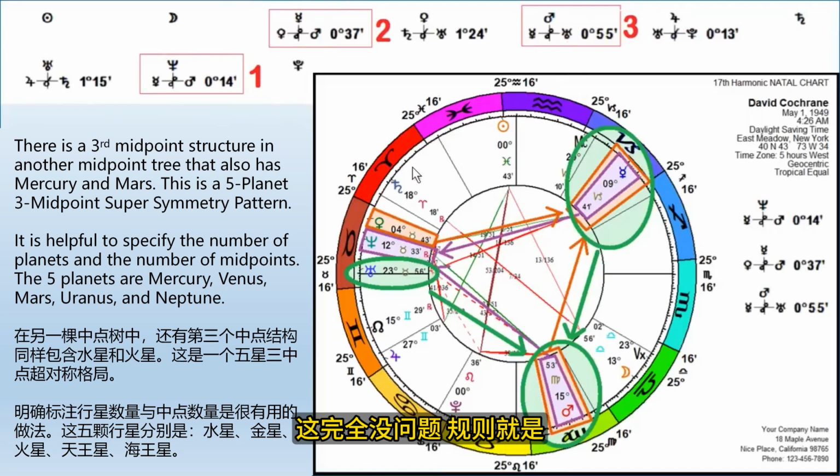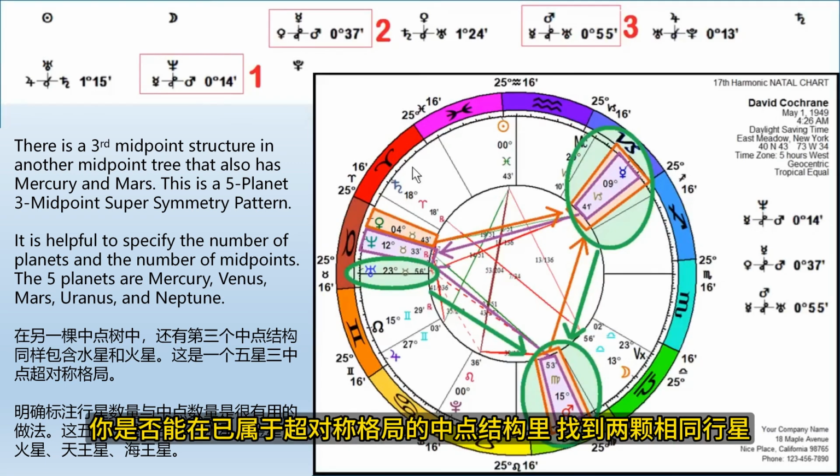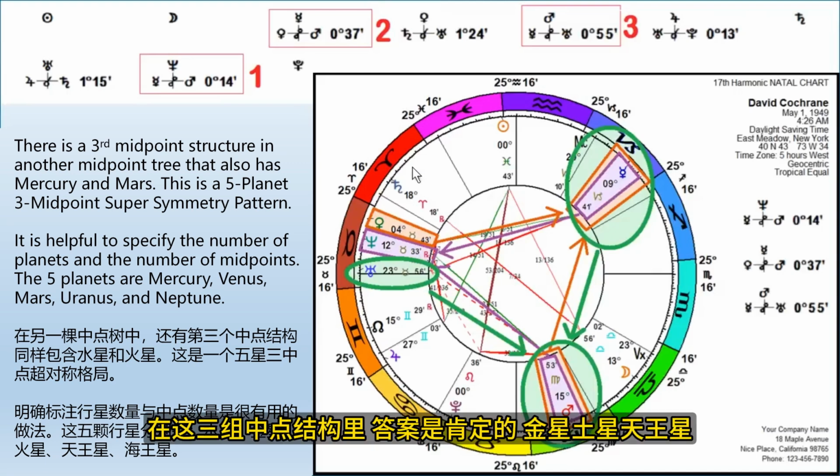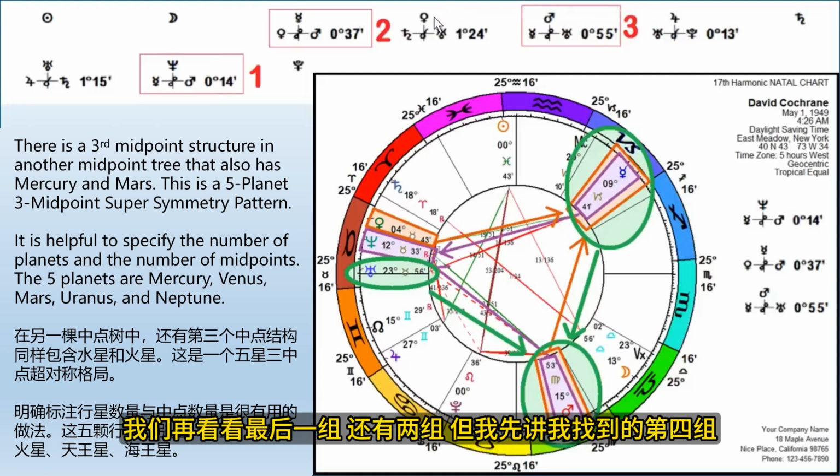So the rule is, do you see 2 of the 3 planets in one of the midpoint structures that is already part of the supersymmetry pattern? In this case, the 3 midpoint structures, yes. Venus at Saturn, Uranus. And then we can look at the last one and see if it also does. Well, there's 2 more, but let's see what I found as the 4th one.